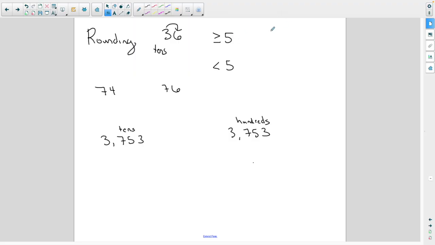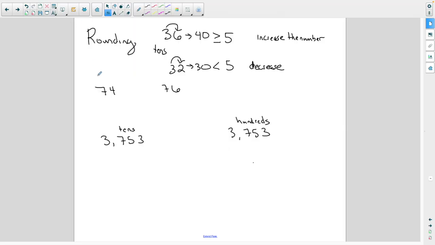If it is yes, then I'm going to increase the number, meaning this now becomes 40. But if I were to say 32, again, I'm looking at ones, oh, that's less than 5, then I'm going to decrease. So that means it now becomes 30.